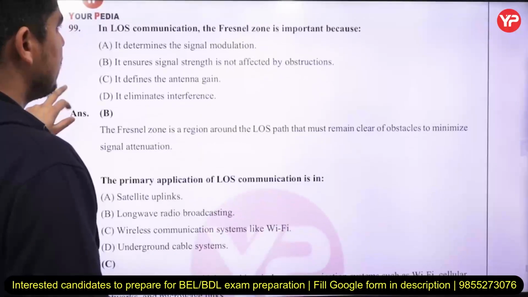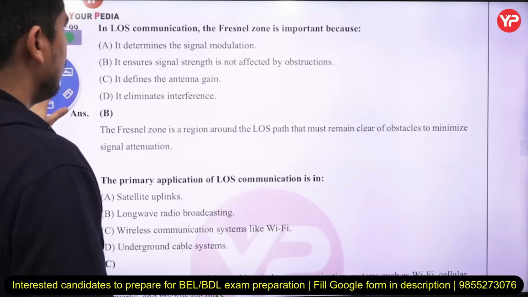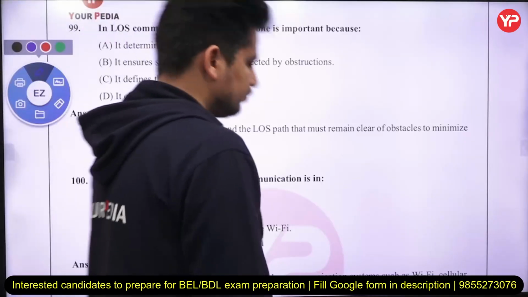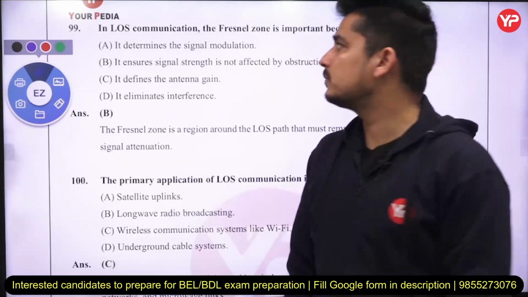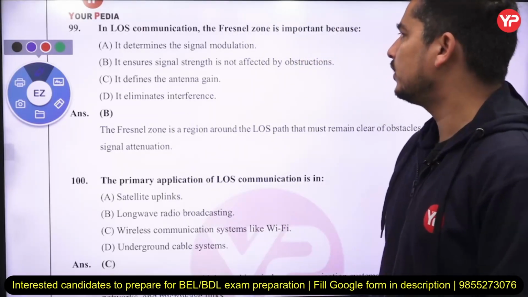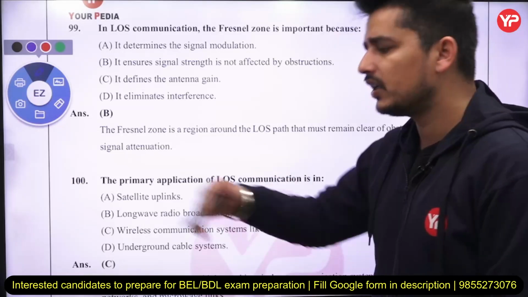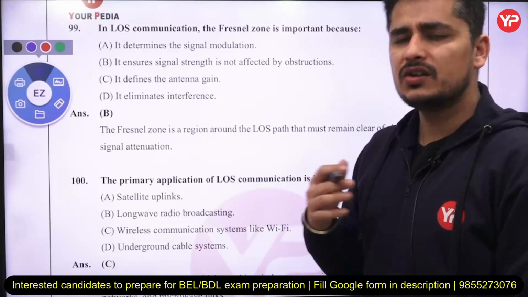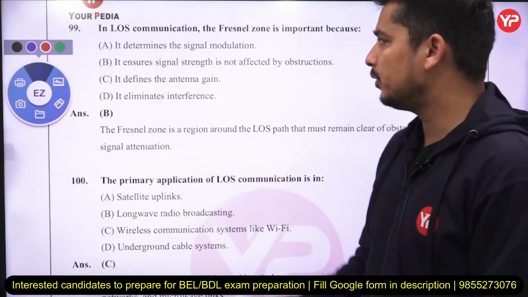In line of sight communication, the Fresnel zone is important because, see, the Fresnel zone is the region where your signal strength is not obstructed by any obstacle, right? It is freely going from that point to the other point.